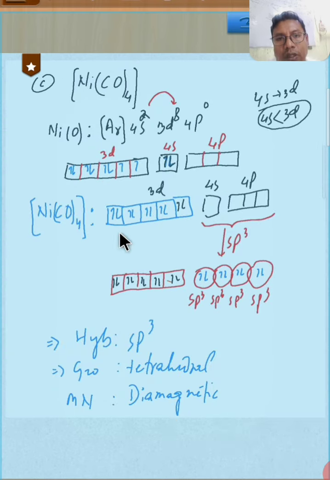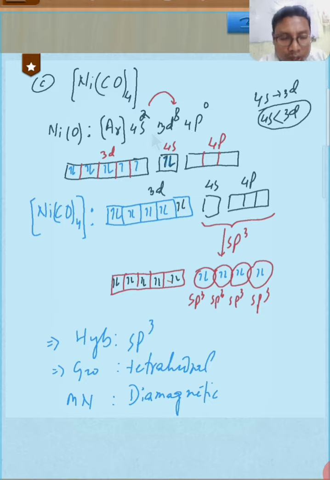Let us go to the third example, in which nickel has a ligand carbonyl, which is the strongest ligand in fact, and it has an oxidation state of 0 because carbonyl is a neutral ligand. So in this case, 4s has 2 electrons, while 3d has 8 electrons.